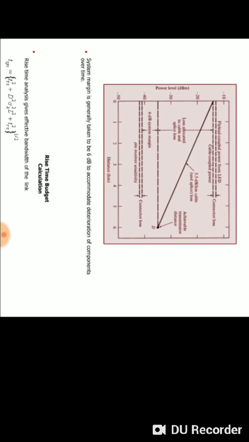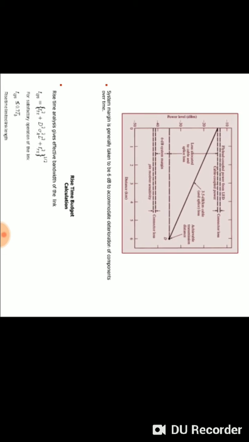Rise time of a system or component is inversely proportional to the bandwidth. Rise time here stands for delay in the system. If rise time is more, bandwidth of the system is less. So these are the two approaches considered for optical link design.